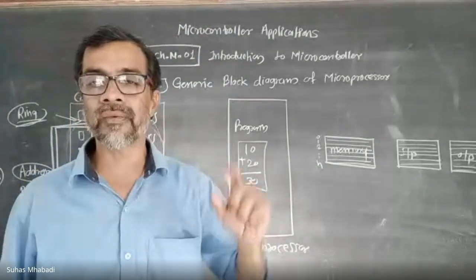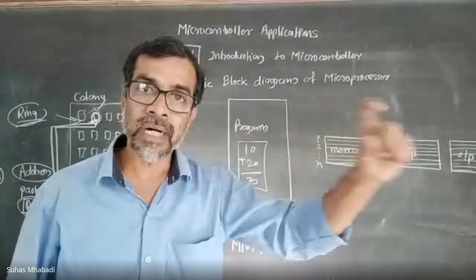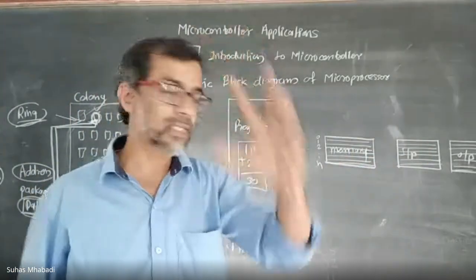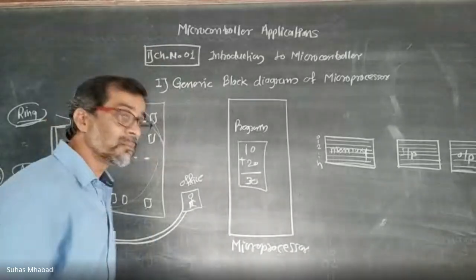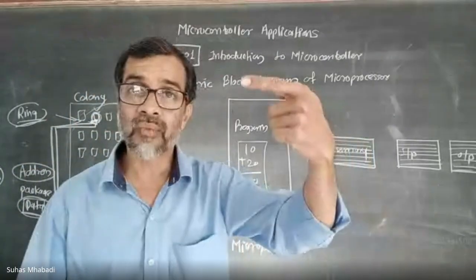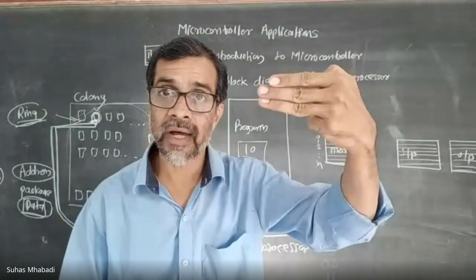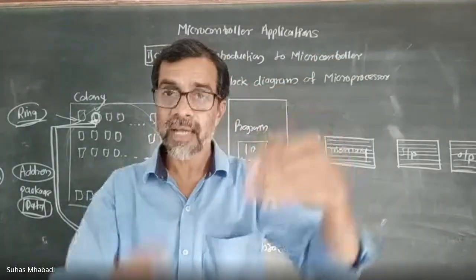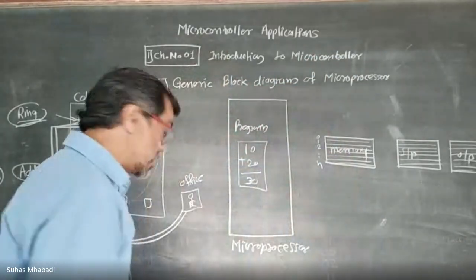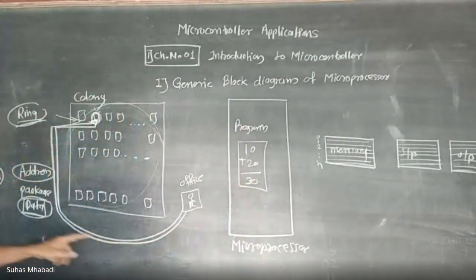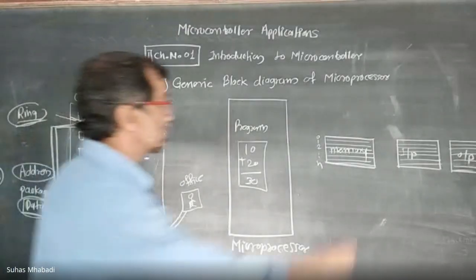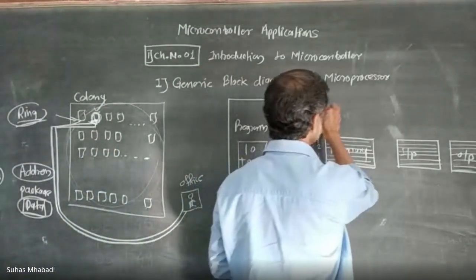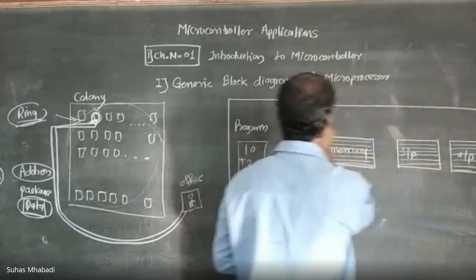And for that, we require a bus, a bunch, or a road. A bunch is nothing but a number of lines. Like this is one wire, second wire, third wire, fourth. A number of lines are joined, and that becomes a bunch. That is called the path or address bus.